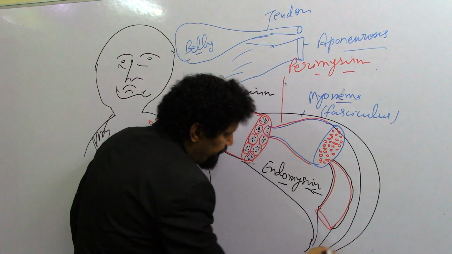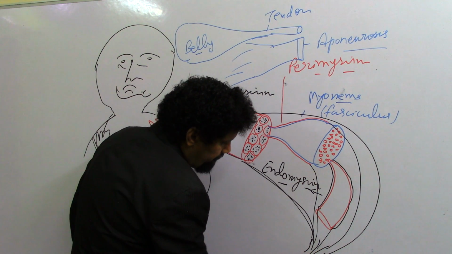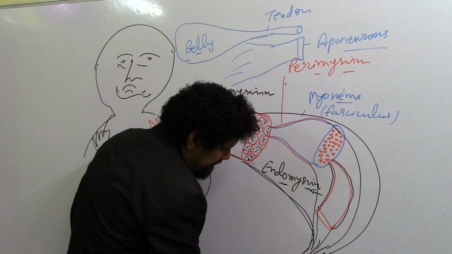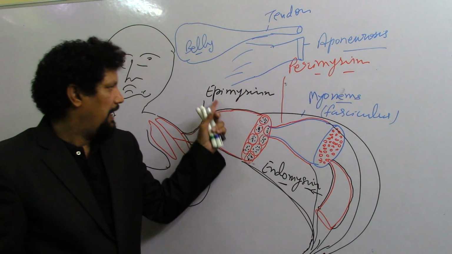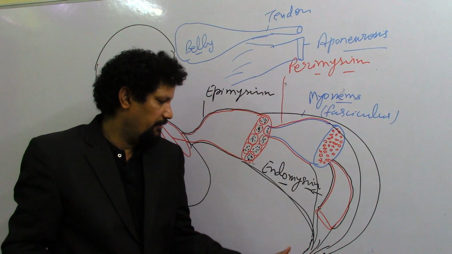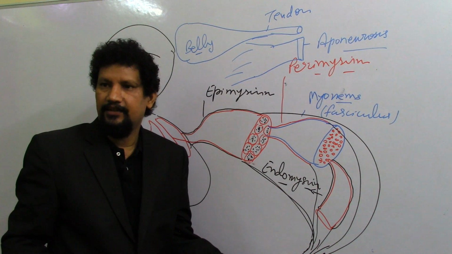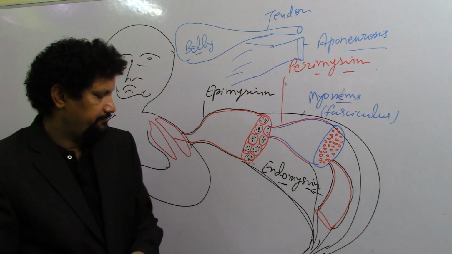These are fused together with the tendon, and there is interlacing of the epimysium, perimysium and endomysium. So finally, this is forming the tendon of the muscle.